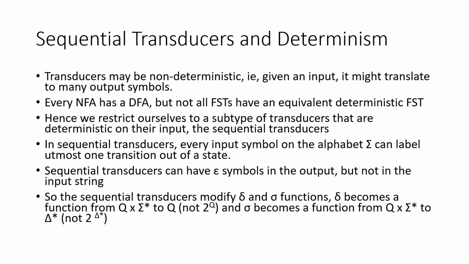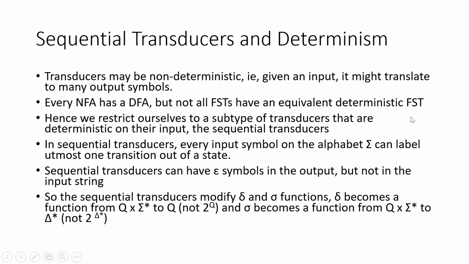So we generally limit ourselves to deterministic versions of transducers, and that is what we are talking about with sequential transducers. Transducers may be non-deterministic, that is, given an input, it might translate to many outputs or many states. Every NFA has a DFA, but not all FSTs have an equivalent deterministic FST.